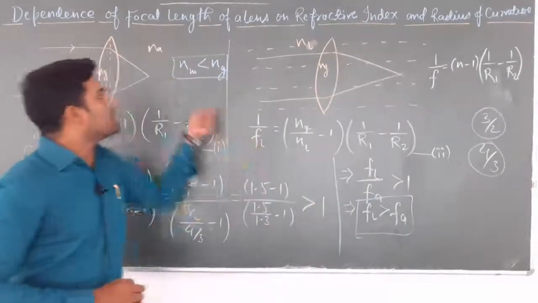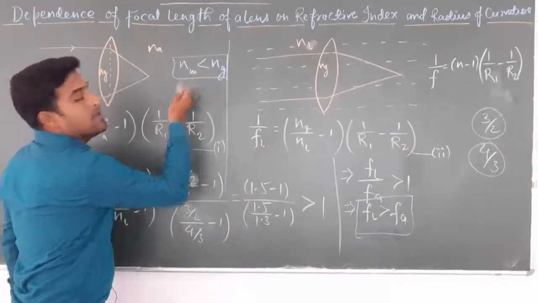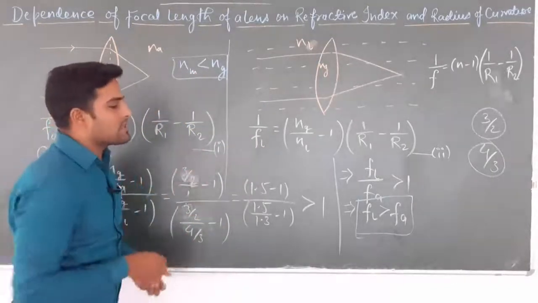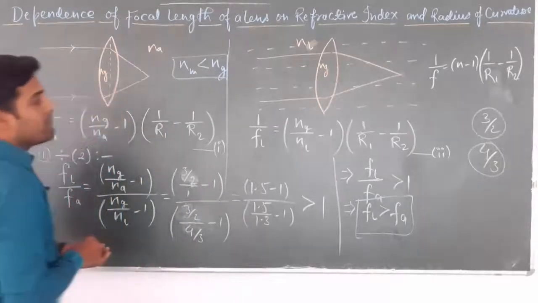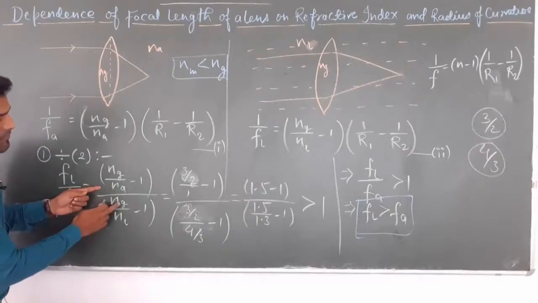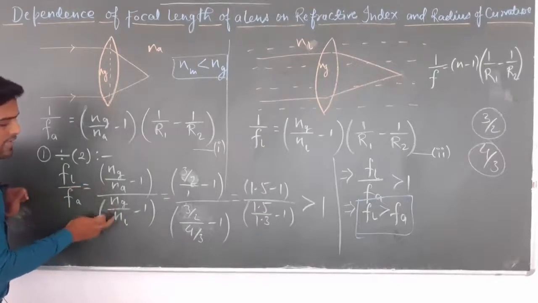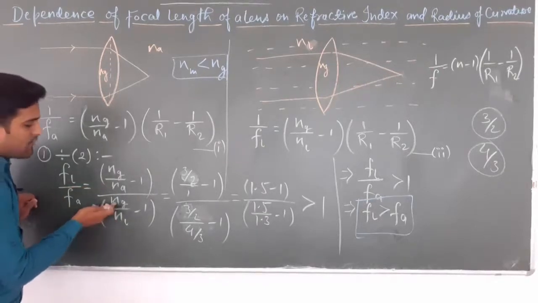Now when I consider that the refractive index of medium and glass become equal, when we make both refractive indices equal, then what do we get? Here you see Ng upon Nl, and when both refractive indices become equal, Ng and Nl are the same, so they cancel.